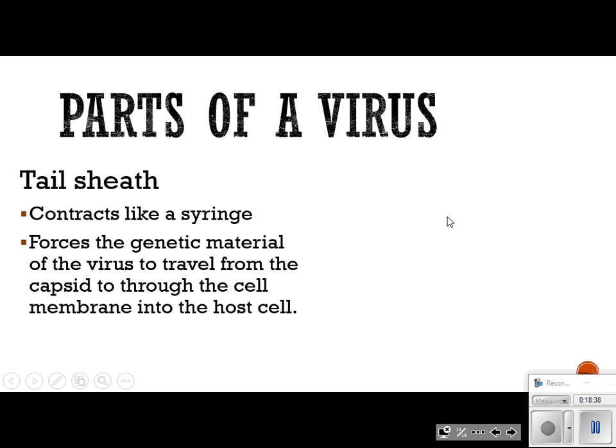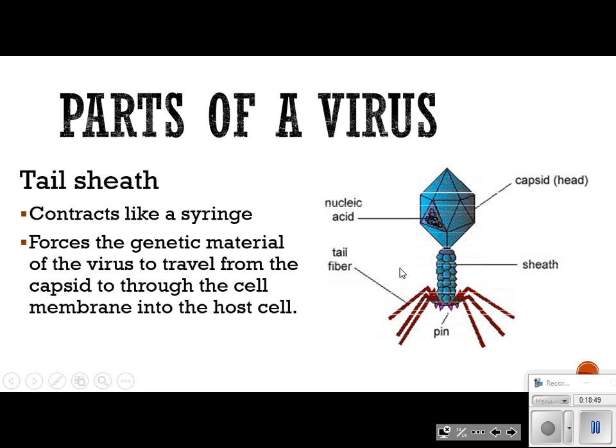Just believe me that the function of this tail sheath is to act like a syringe and to force the genetic material into the host cell. Here's that sheath. So basically the genetic material from up here travels down through the sheath and is forced out of the base plate into the host cell.